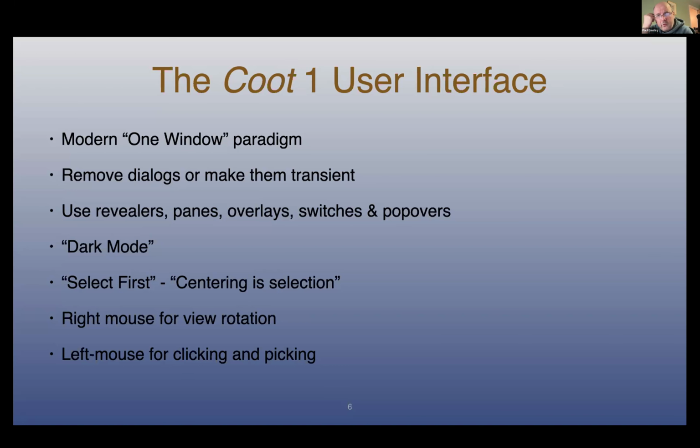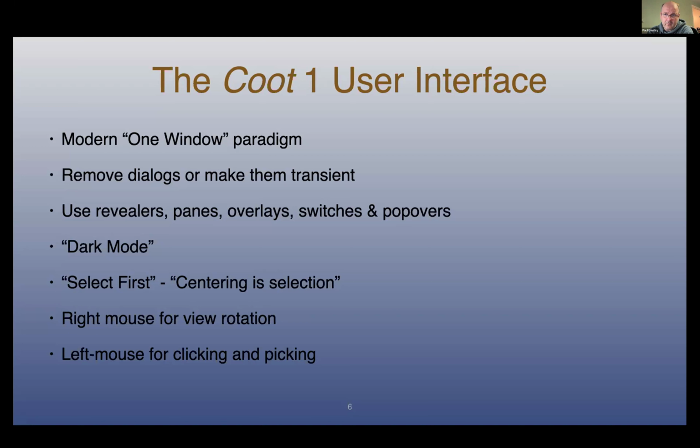Now, the way one uses the program is different, and it takes maybe a few minutes to get used to it. So whereas before you picked a tool and then picked an atom, Coot now is select first. So you put the thing that you want to operate on, very typically a residue, a chain, an atom sometimes, at the center of the screen, and then you choose the tool.